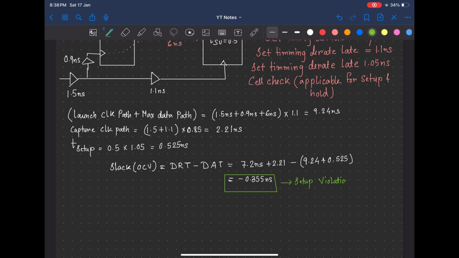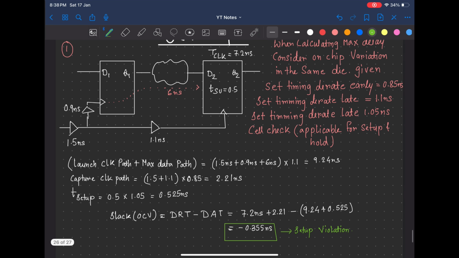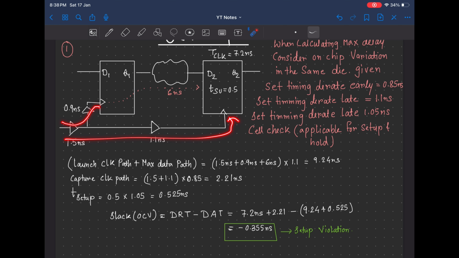But apparently it shows as a setup violation because we didn't consider the CPPR case, OCV plus CPPR. We use a common clock path in both the launch clock and the capture clock. So we calculate that same clock path at the same instant of time twice, multiplying with the late derate and also the early derate.